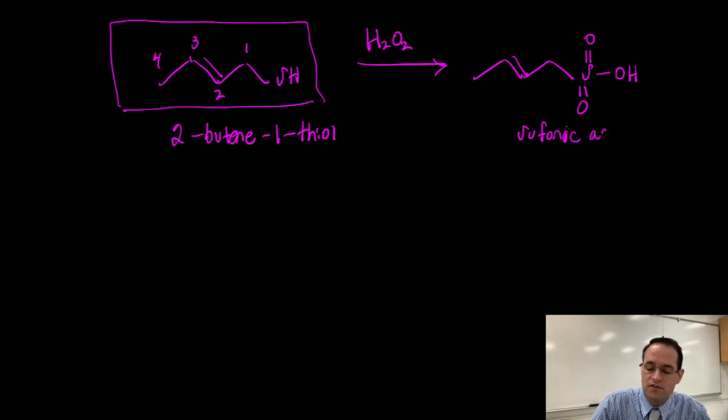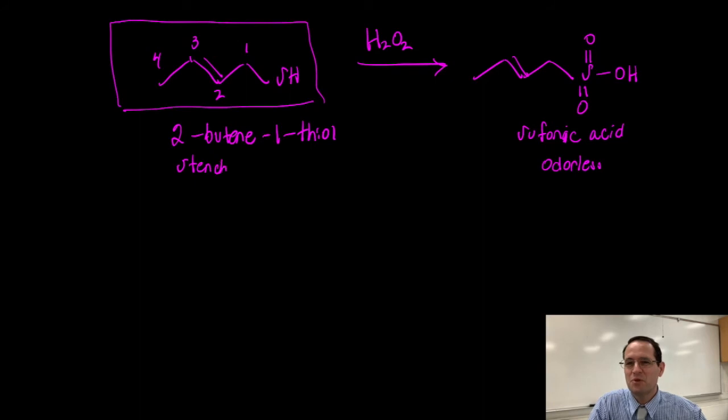So that's a sulfonic acid functional group. That's odorless, and you and your family members would be thankful for that. And this is quite pungent. We'll just say it has a stench, okay? So that's one way to oxidize thiols.